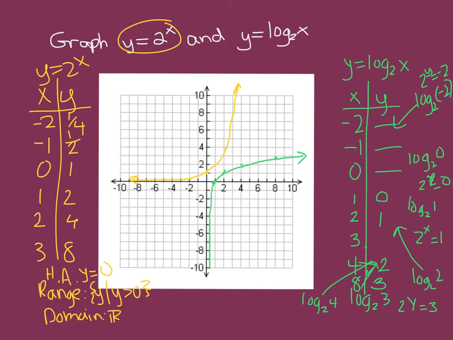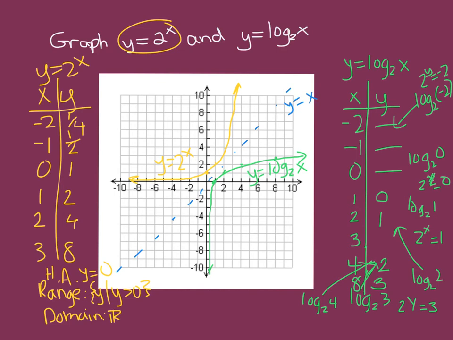We can kind of tell that's the way it's going to be because we know that this graph needs to be a reflection of that yellow one over the line y equals x, because we've already established that those are inverses. So just make sure that you don't lose that part of it. You need to have your full graph to get full credit on this type of thing.